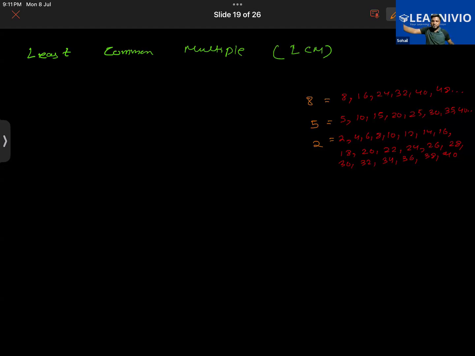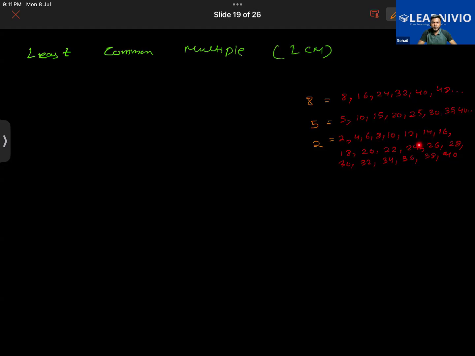Look at the multiples of 8, 5, and 2. Find the first multiple which is common in all of them. Is 8 a common multiple for all of them? No. 16? No. 24? No. Neither 32. But 40. So 40 is a common multiple, right?